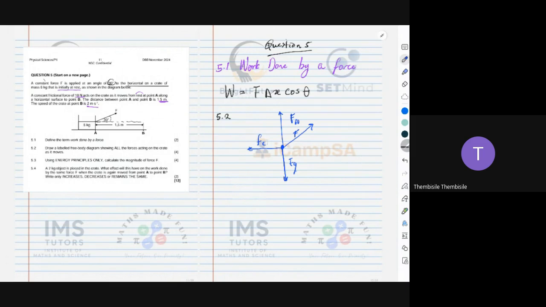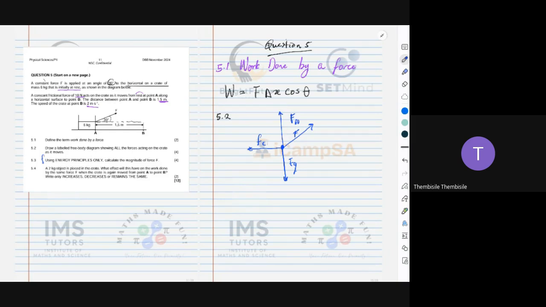So let's move on. Use energy principles only to calculate the magnitude of F. Energy principles only. They are very specific, right?